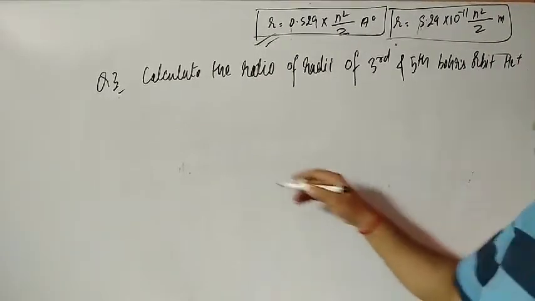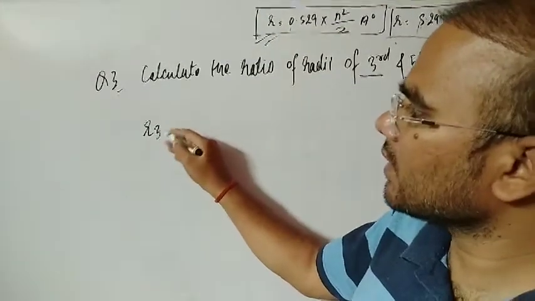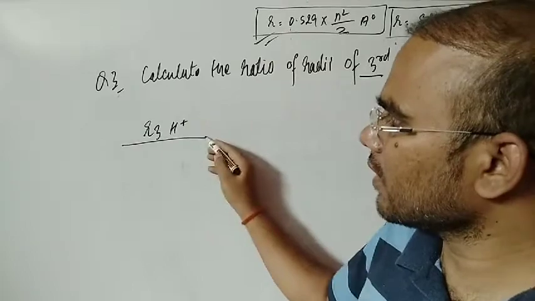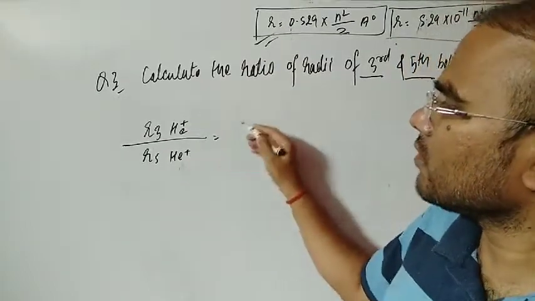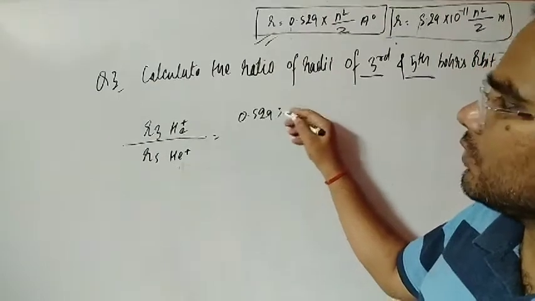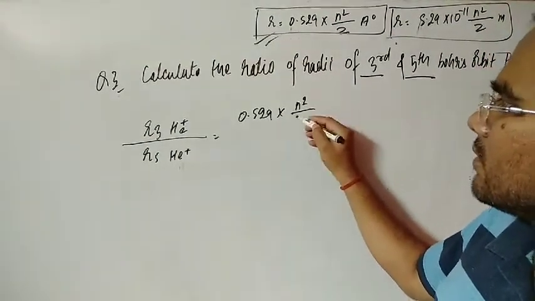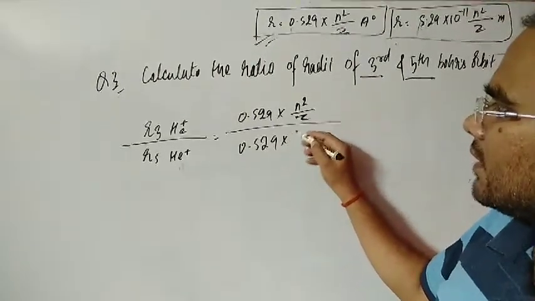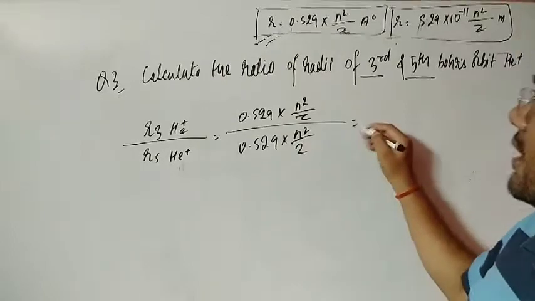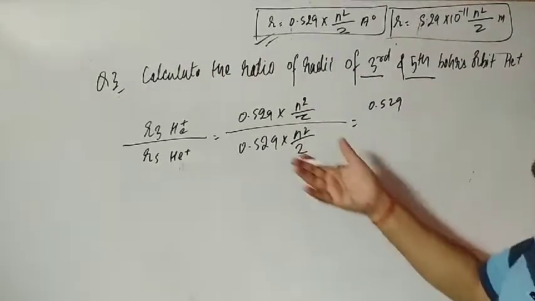So R3 of He plus divided by R5 of He plus is equal to 0.529 into n square upon Z. The 0.529 will cancel out.